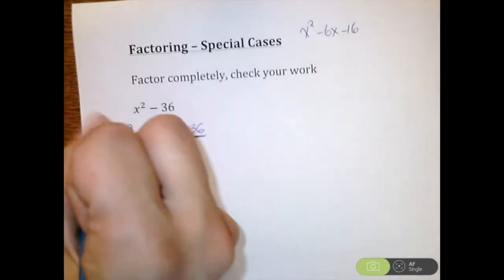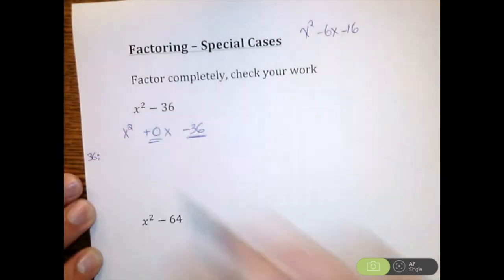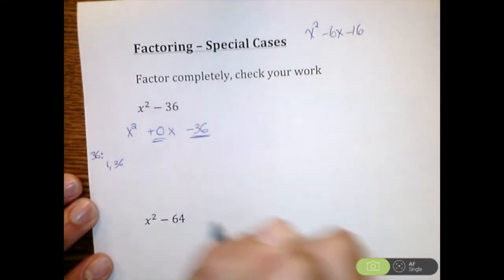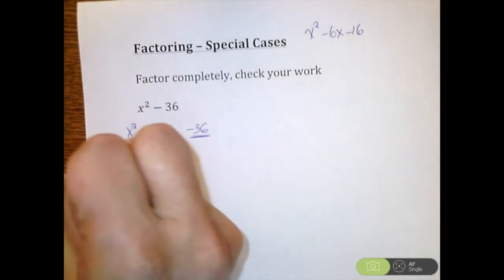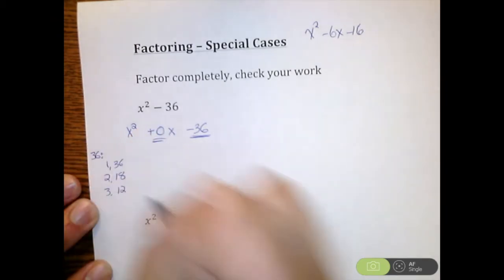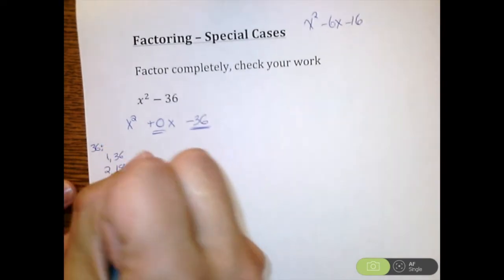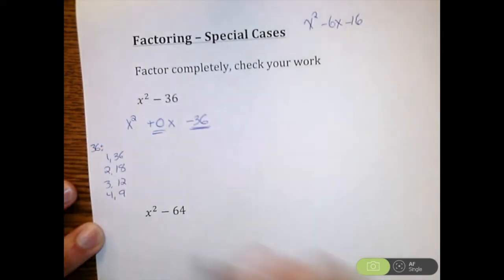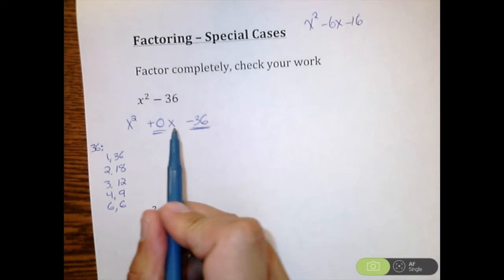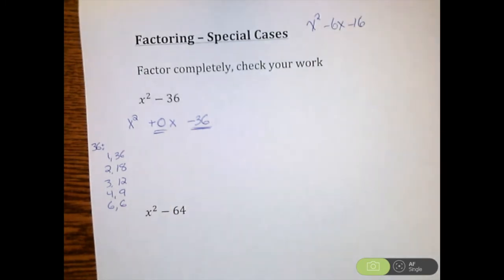So as always, let's make our list of numbers that multiply to 36. That's 1 and 36, 2 and 18, 3 times 12 will get you 36, 4 and 9, and 6 and 6. So I have to figure out which of those pairs I can multiply together to get negative 36, but when I add them together, I get 0.